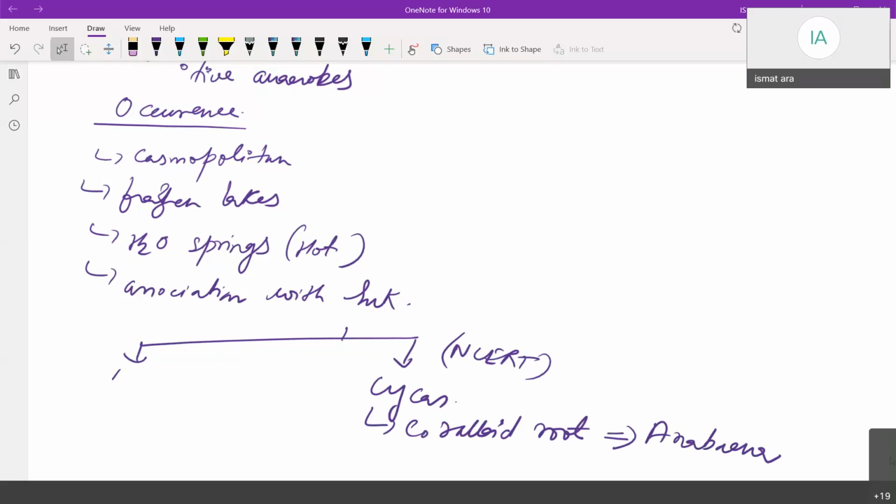Again, Azolla, a fern, is there. The leaves of Azolla are in association with the same cyanobacteria, Anabaena.